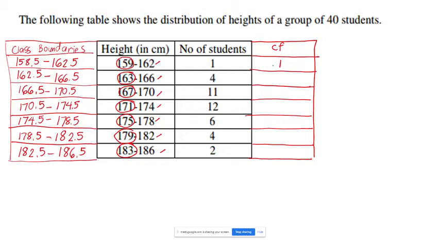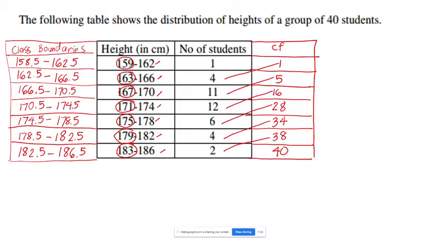How did you get 5? Okay, 1 plus 4 is 5. Next. Okay, 16. Next. 28. Very good. Next. 34. Next. 38. And next. 40. Okay?